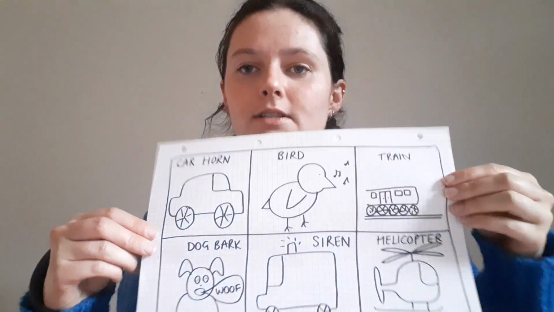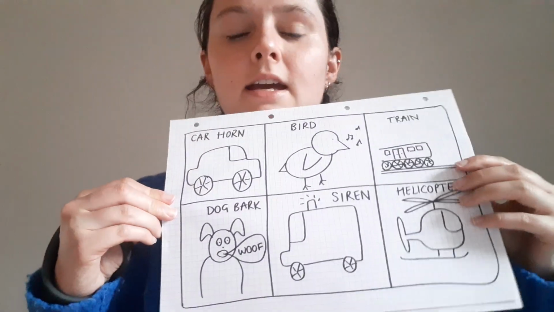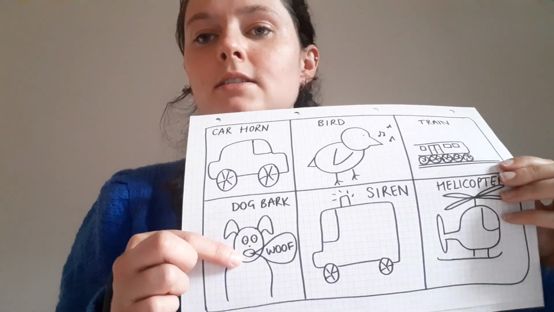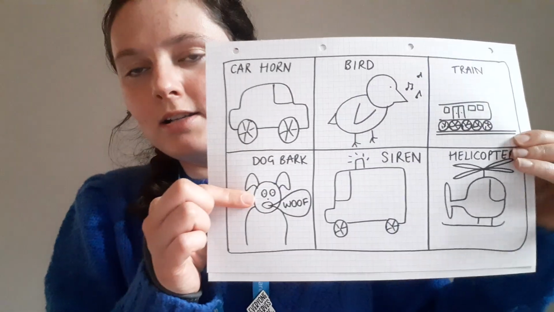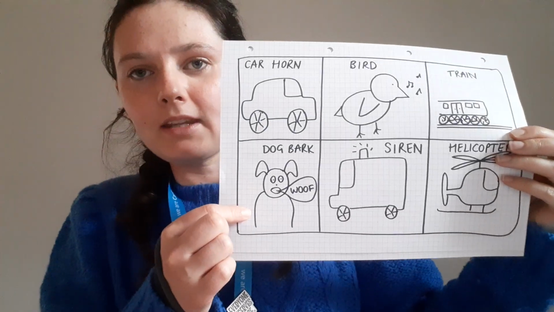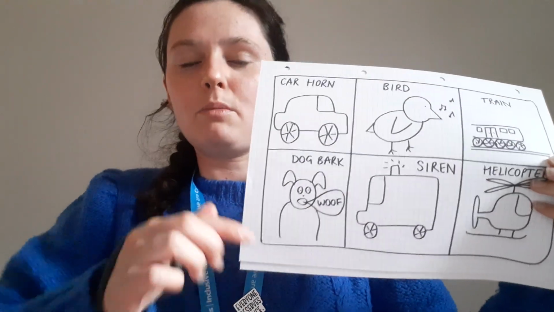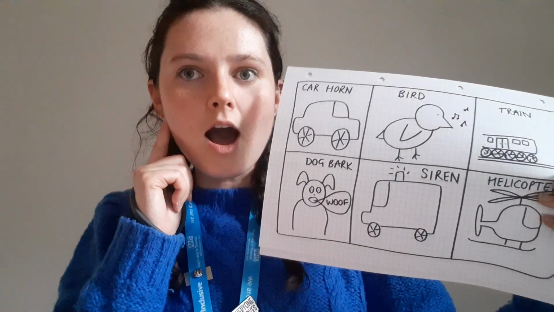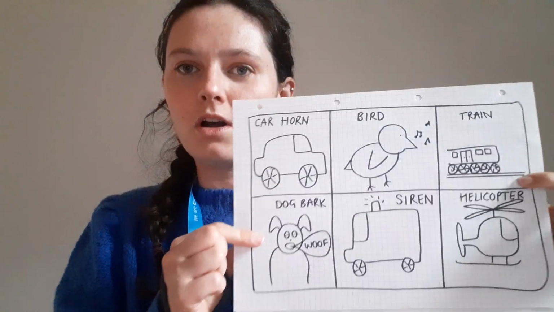If your child is maybe having a little bit of difficulty, maybe you have heard a dog barking and you know that they have this bingo card and they haven't crossed it off, you could maybe give them a prompt and be like, oh, I just heard a sound that I think is on your card.